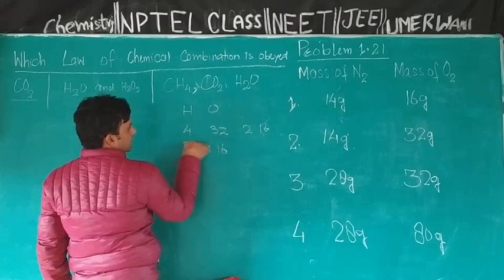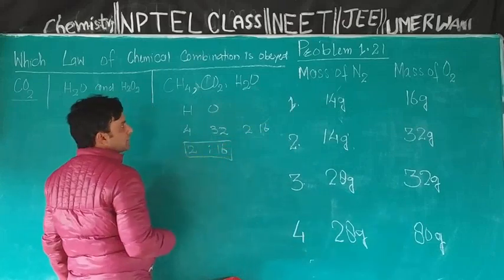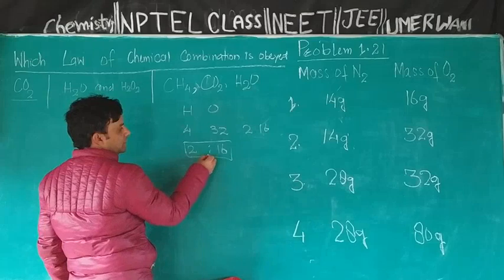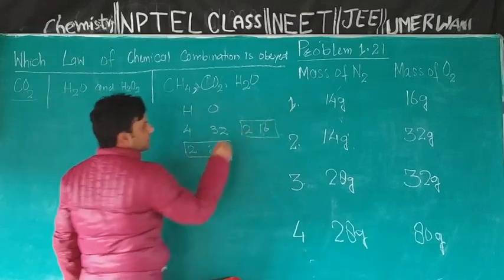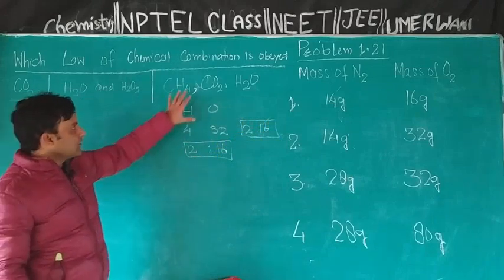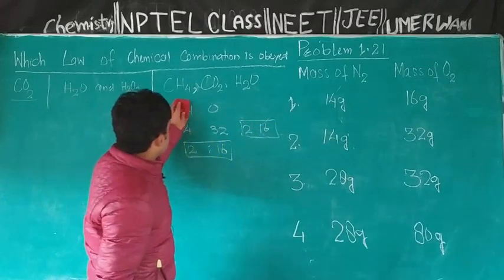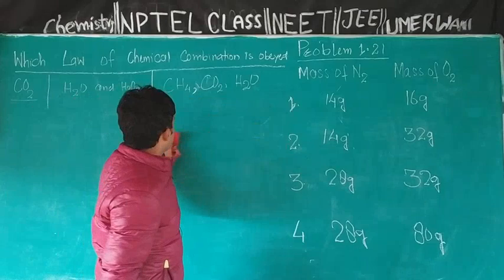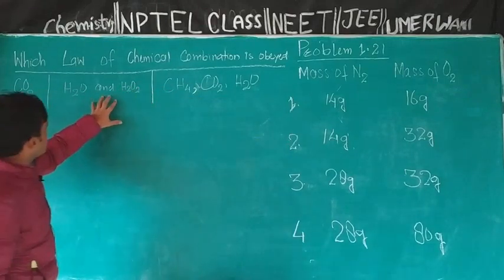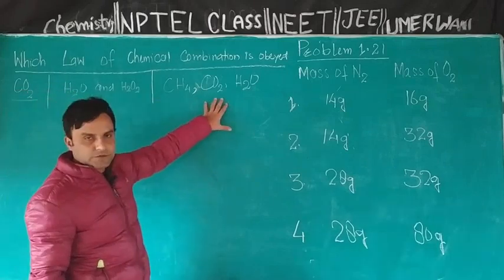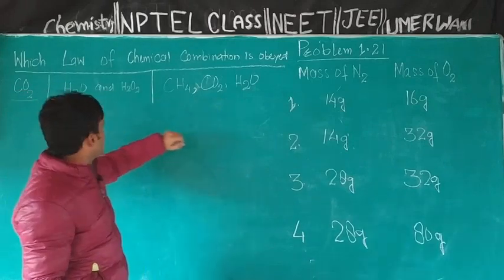The indirect ratio, when they combine separately with a fixed mass of the third element, is 2:16, and the self ratio, when they combine with each other, is also 2:16. So this example represents the law of reciprocal proportion. Carbon dioxide represents the law of constant proportion. This represents the law of multiple proportion. This represents the law of reciprocal proportion.